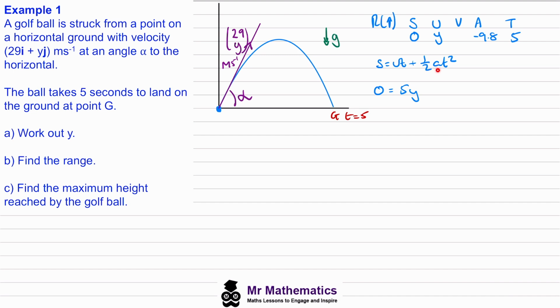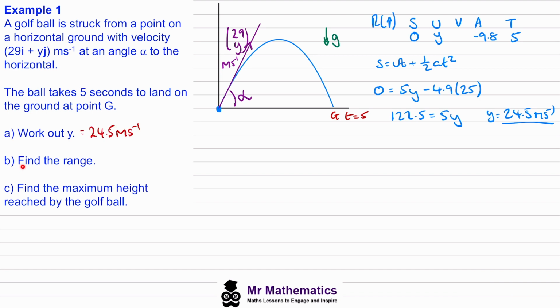A half of a is negative 4.9, and this is t squared, so times 25. We can solve this equation. We'll move this to the left-hand side, so we get 122.5 equals 5y. We'll divide both sides by 5, so y is 24.5 meters per second.